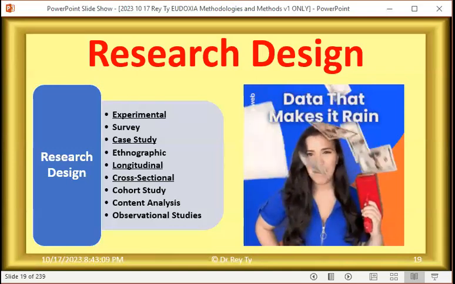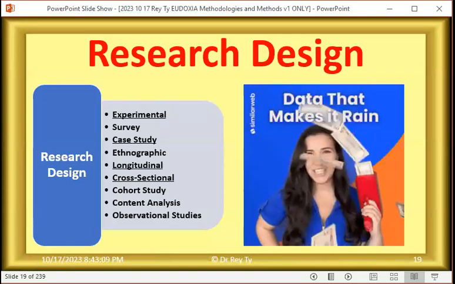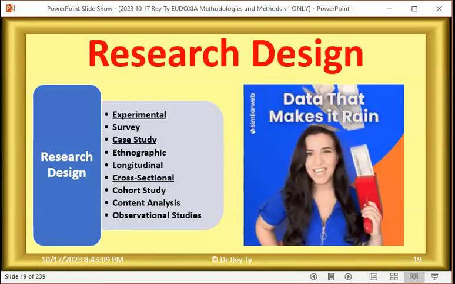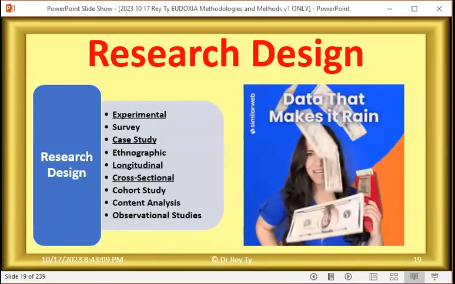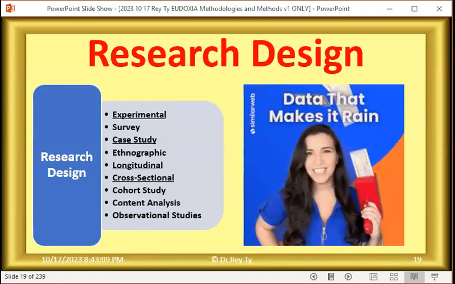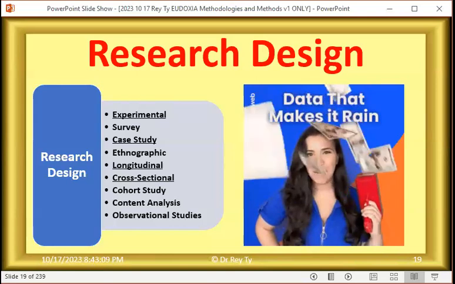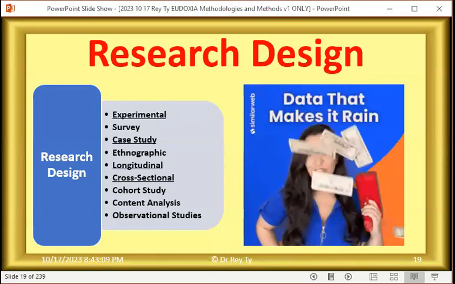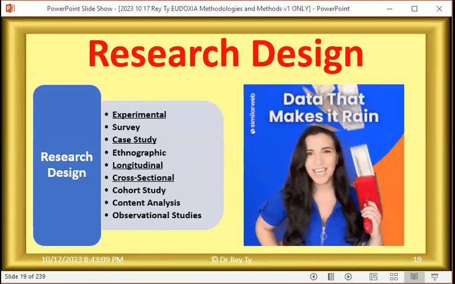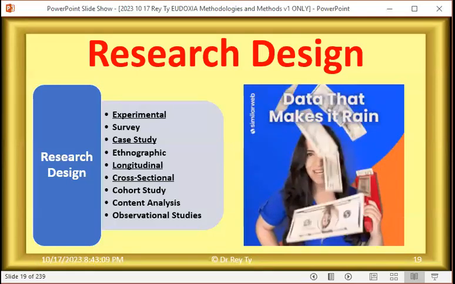So trying to look for trends. Are there changes, and in what areas are the changes? From the British colonial period to early independence, then to the neoliberal period, and then to the emerging BRICS era where India is a major player. So that's the longitudinal study.